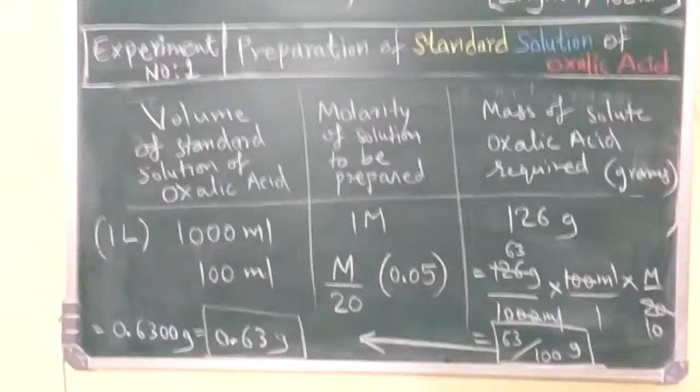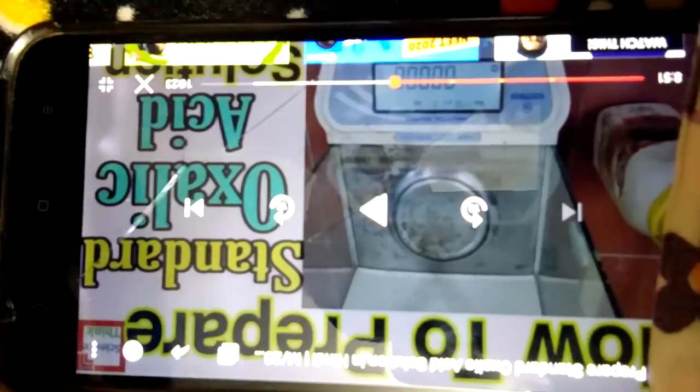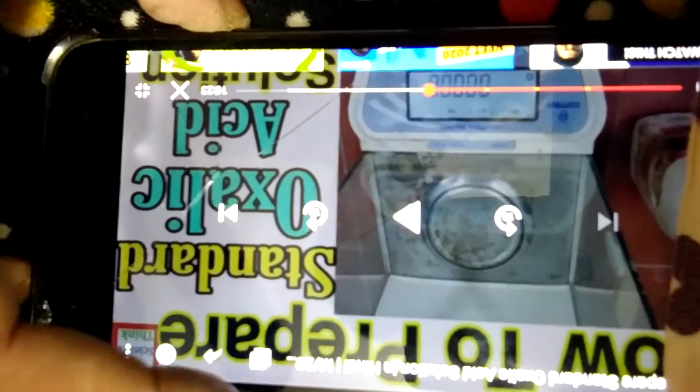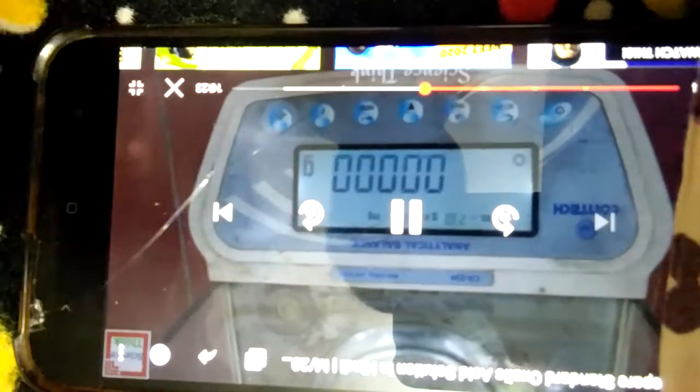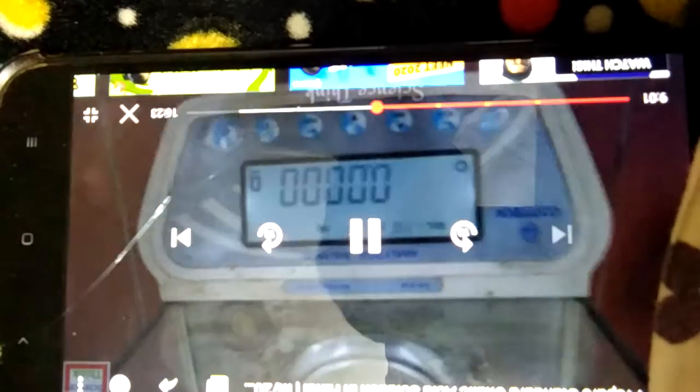Okay, students, I think you might have noted this down. Now let us come and see how to perform this experiment in the lab. So now students, this is the digital weighing balance, and this is the oxalic acid which you will get in the laboratory.